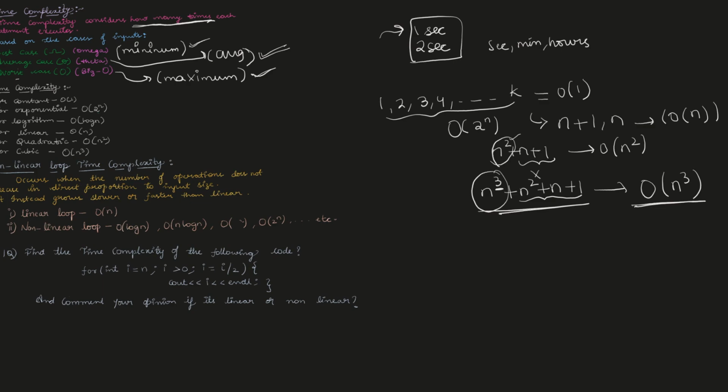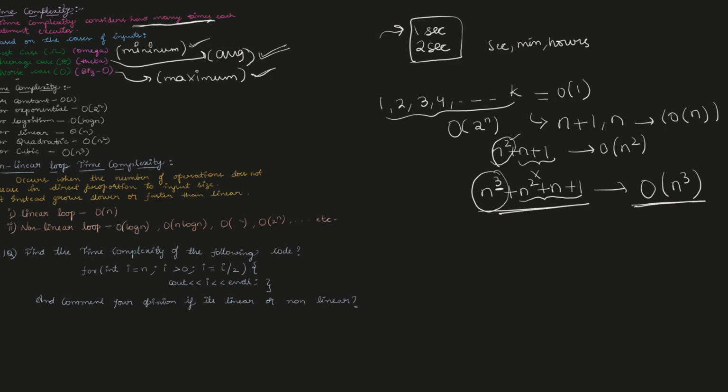Now coming to a new concept, non-linear loop time complexity. Let's see what it tells. It occurs when the number of operations does not increase in direct proportion to the input size.